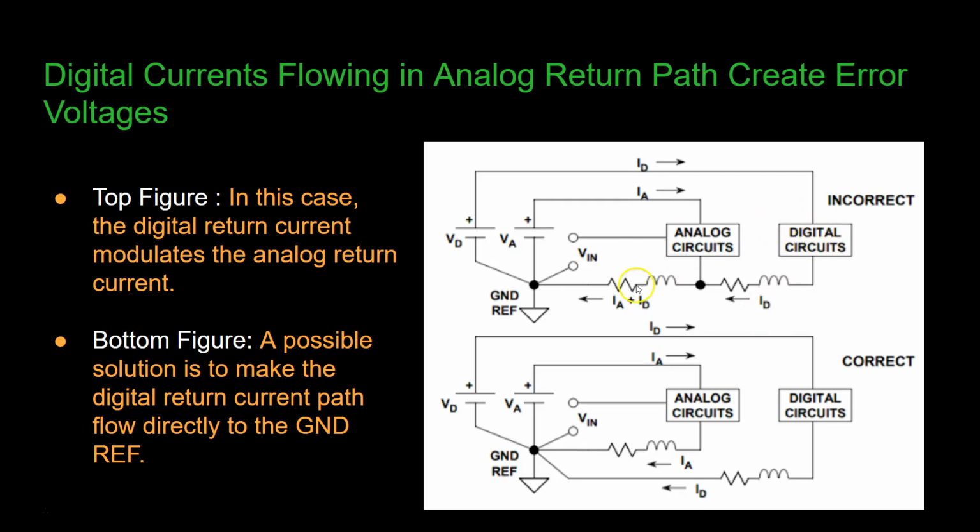This is the digital circuit and this is the analog circuit, this is the digital voltage, this is the analog voltage, and here ID stands for digital current and IA stands for analog current, and they are connected through a ground reference point here. The ground return wire inductance and resistance is shared between the analog and digital circuits, and this is what causes the interaction and resulting error.